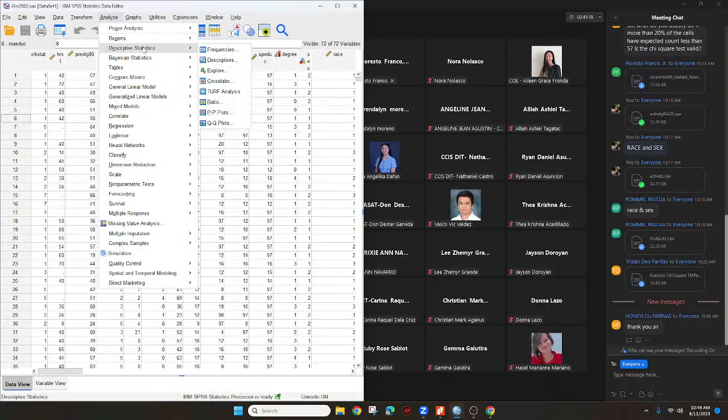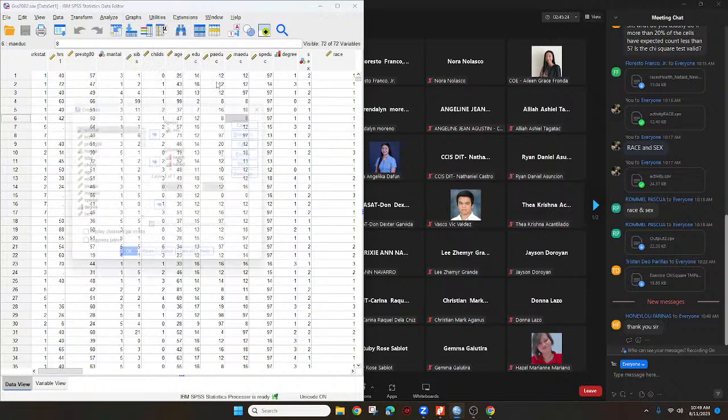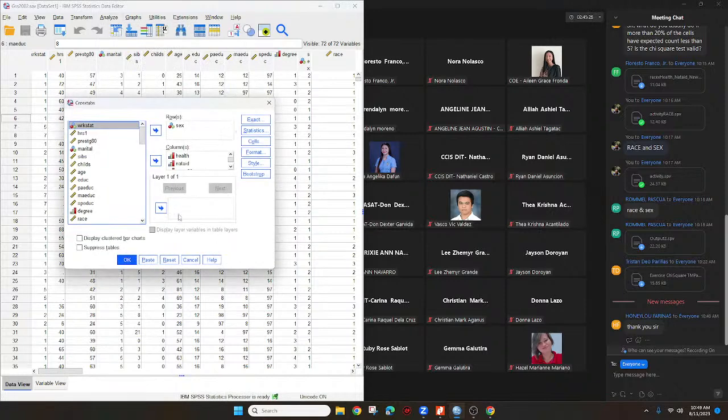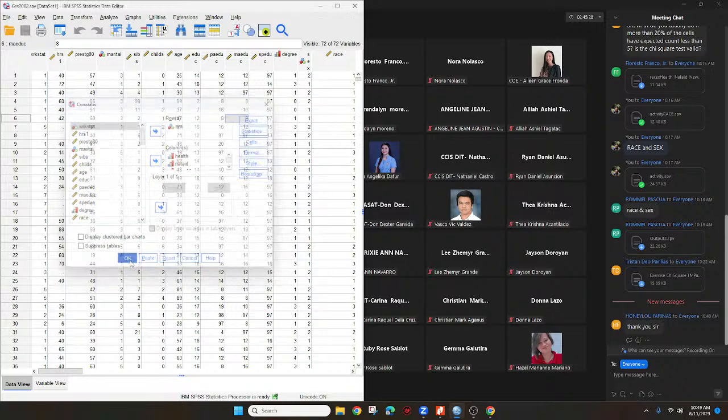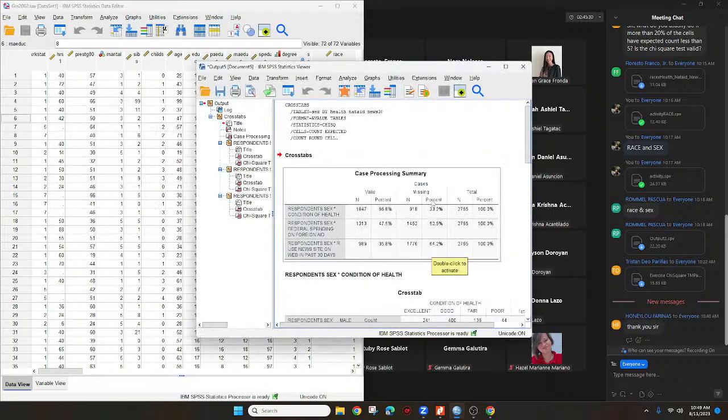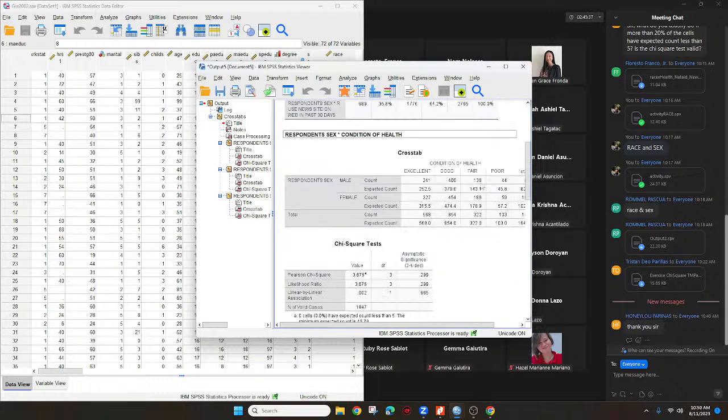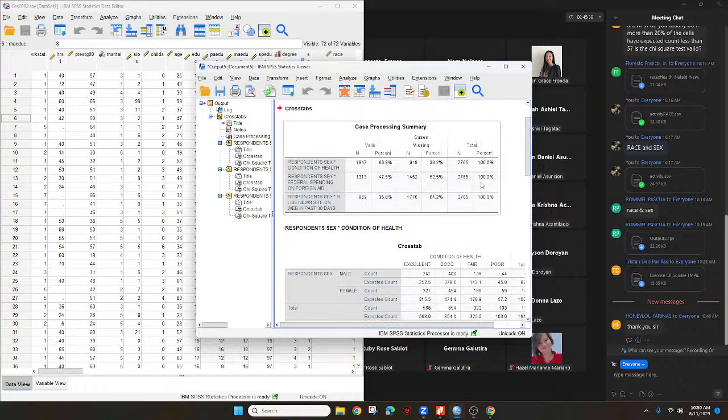Can you present the result for sex, because Sir Floresto had presented the results for race. So can I ask you, sir, to present the results for sex, the relationship between sex and those variables mentioned?